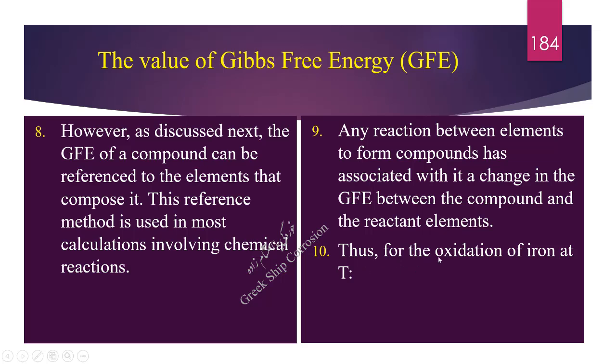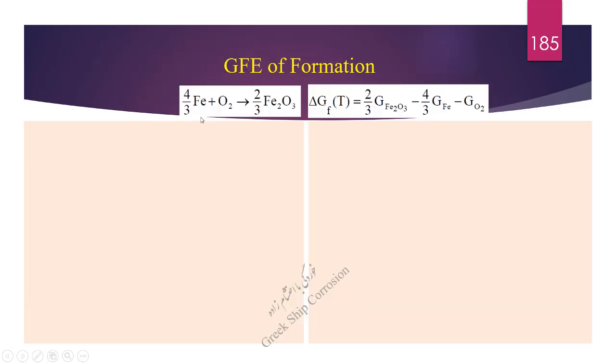10. Thus, for oxidation of iron at temperature T, we can write 4/3 of iron plus oxygen reacts to yield 2/3 molecules of Fe2O3.